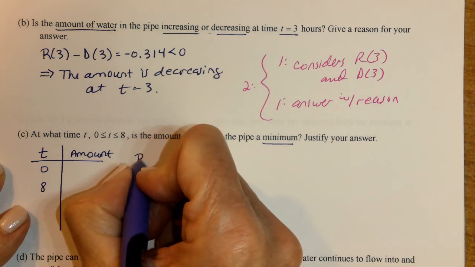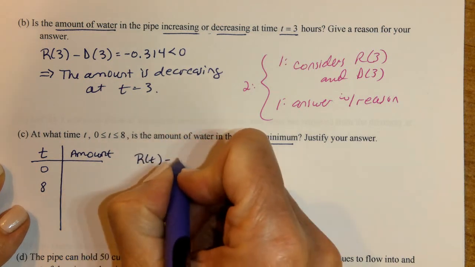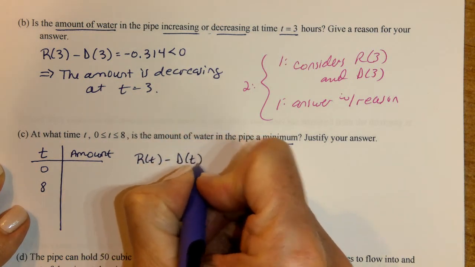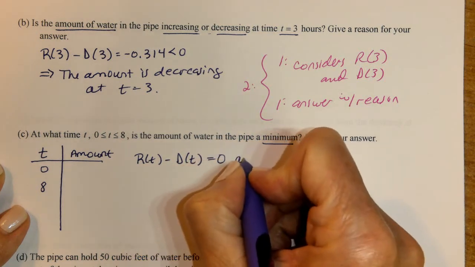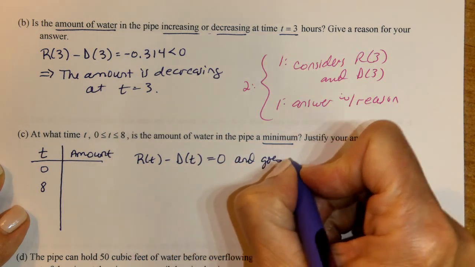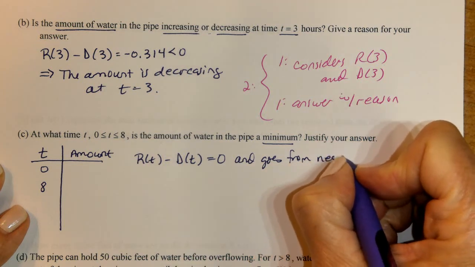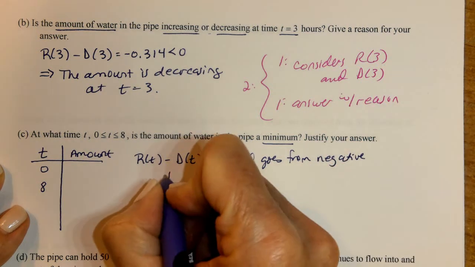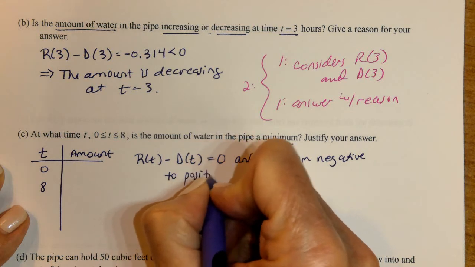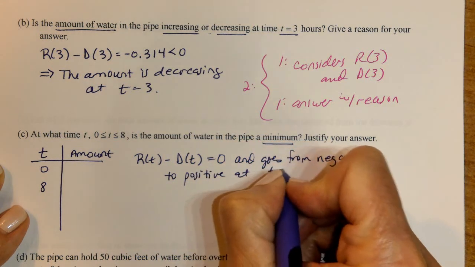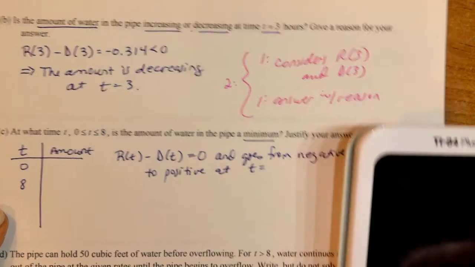So I want my R of t minus my D of t. I want that to be 0, and I want it to go from negative to positive. At t equals, so we're going to find out where that is.